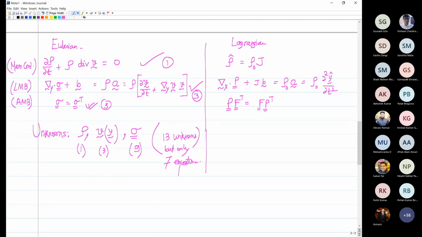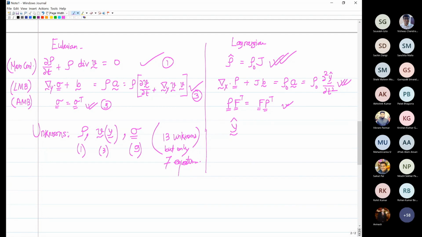Whereas look at the Lagrangian form. You have this equation for the current density rho. And then if you look at LMB, rho naught is not an unknown, like I told you. If you choose a reference configuration, then rho naught also gets chosen. So looking here, the unknowns are your y. See y, the kinematics y, once you know y, you will know v, you will know the deformation gradient, you can know J, you can know everything.